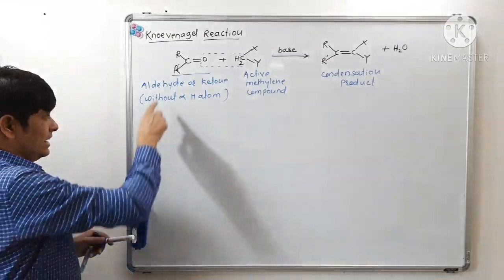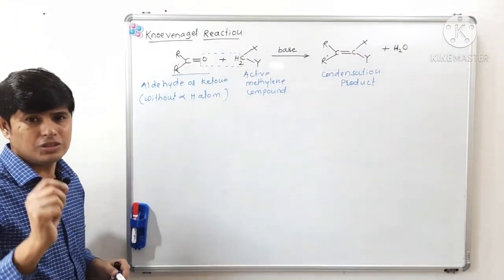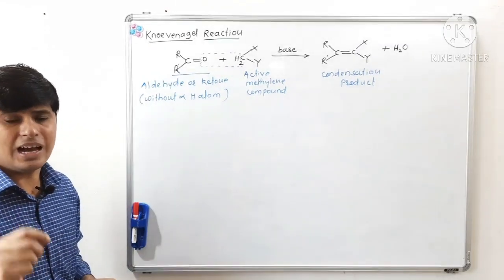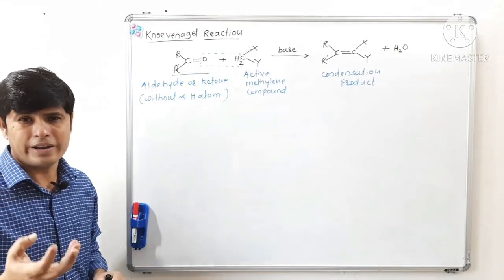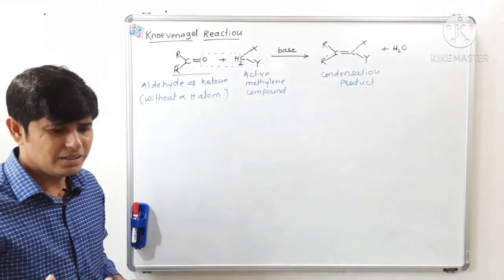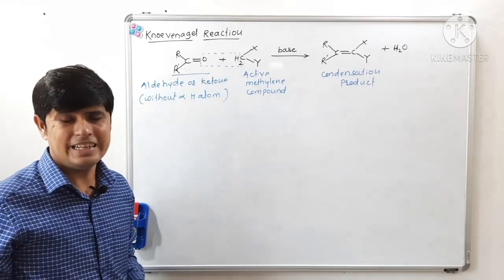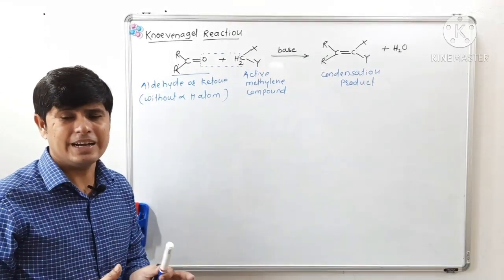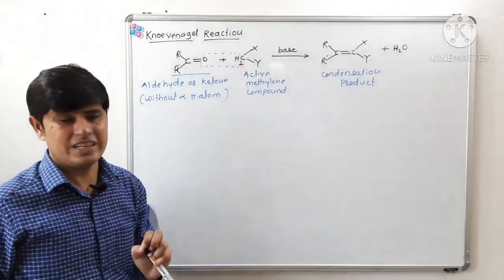We can take an aldehyde or ketone which is not having alpha hydrogen atom, for example benzaldehyde, benzophenone. Such kinds of aldehyde or ketone we can take in Knoevenagel condensation reaction.